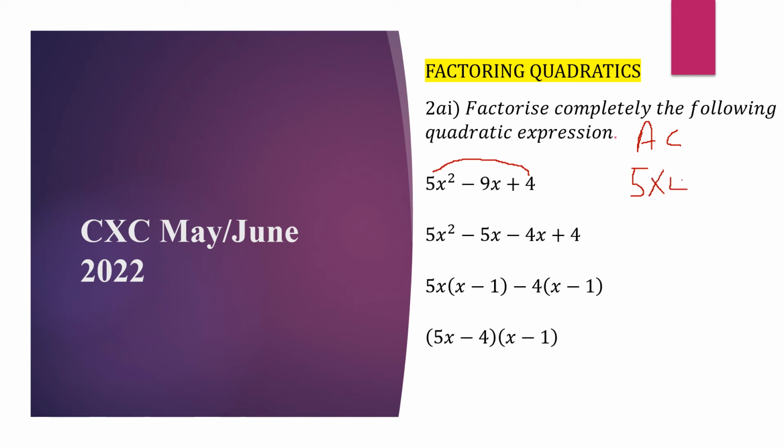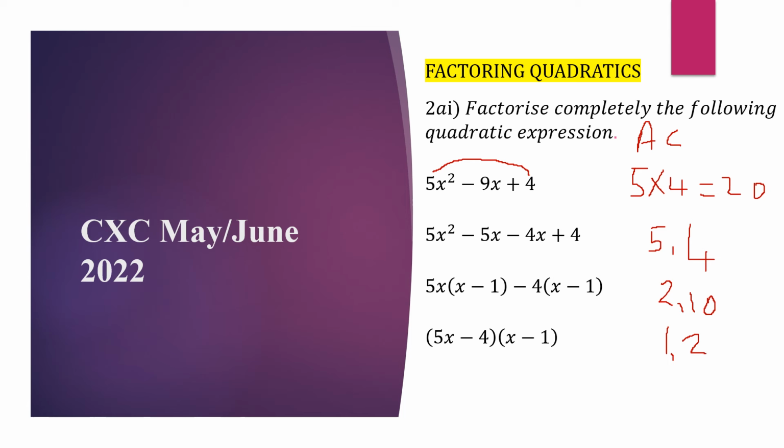The next step is to find or list the factors of 20, which would have been 5 and 4, 2 and 10, and of course 1 and 20.